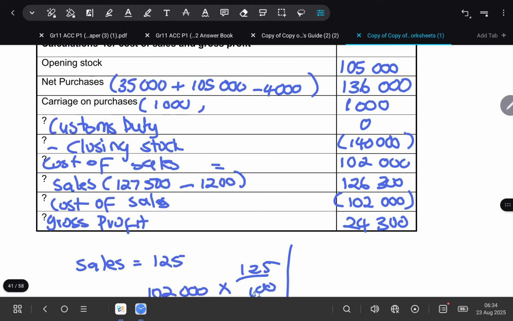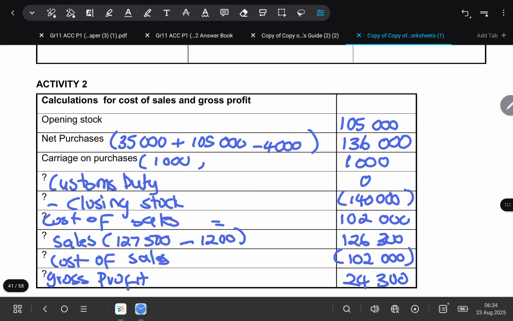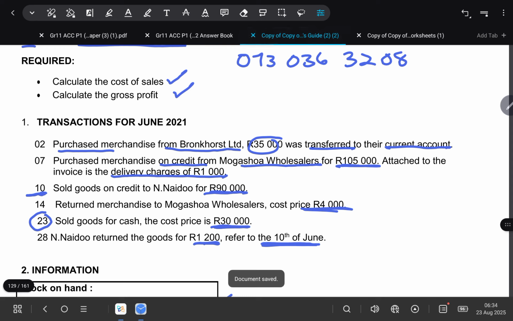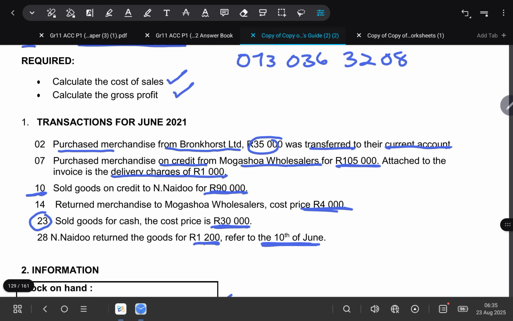Okay, now other learners might have opted to look for sales as follows. Remember here they told us something. They said we sold goods to the value of 90,000. So other learners might opt to say 90,000 and then plus, remember there was something where they said sold goods for cash, the cost price was 30,000.